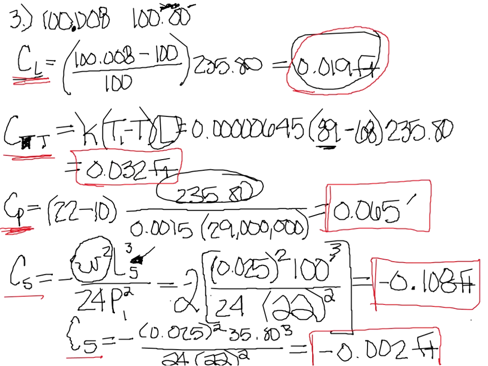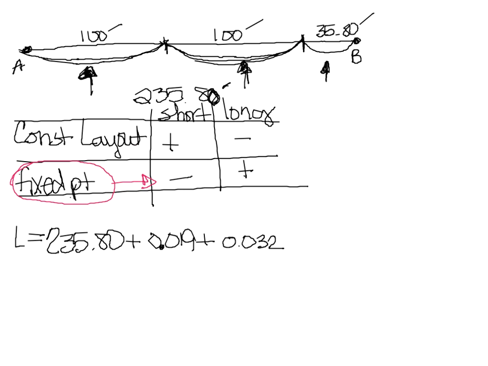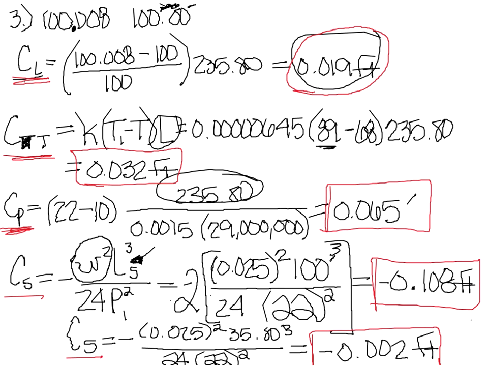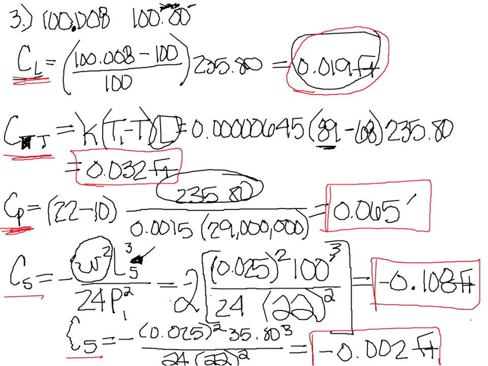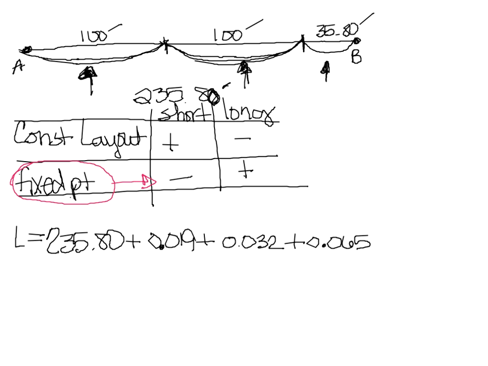Now we look at our next correction. Pull, 0.065. Do we add or subtract for pull? Once again, we add because it's a long tape, meaning that 22 pounds of pull over a standard pull of 10 makes this correction a long tape correction. Okay, now we need to correct for sag.